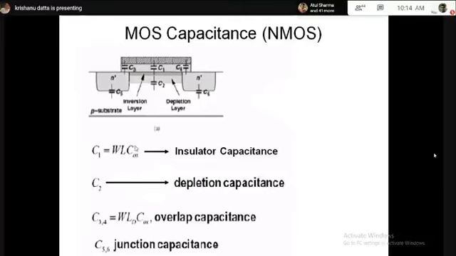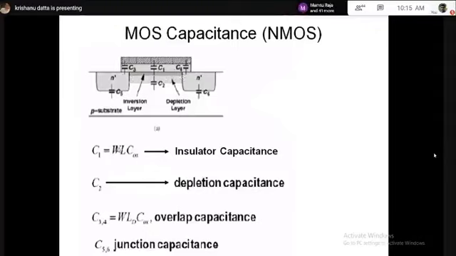So epsilon by D is basically Cox, the capacitance per unit area, and the area comes from W into L. So in this picture, this L is actually L effective from source end to drain end. So this is the insulator capacitance.